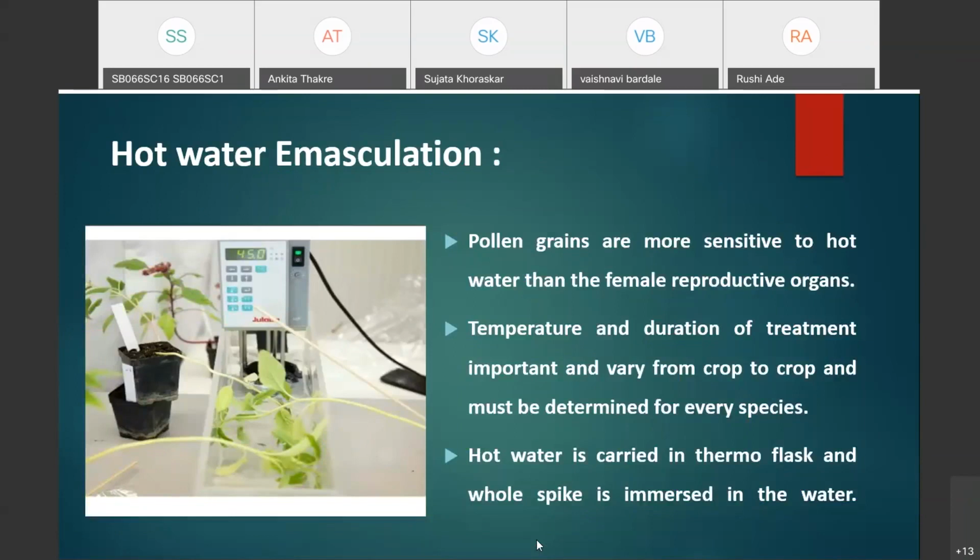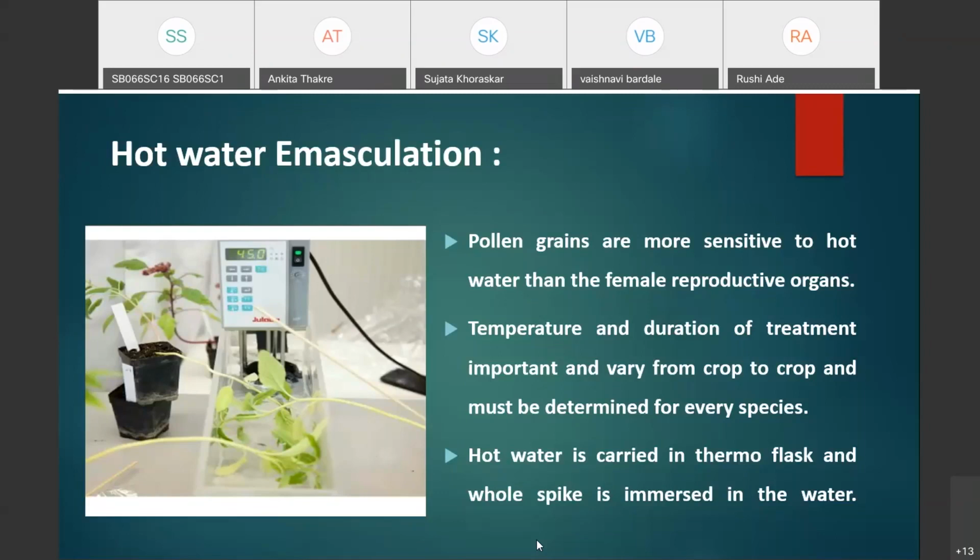Okay, the male reproductive organs are more sensitive than the female reproductive organs to the environmental and genetic factors. And this property is utilized to kill the pollen grains without affecting the female reproductive organs.